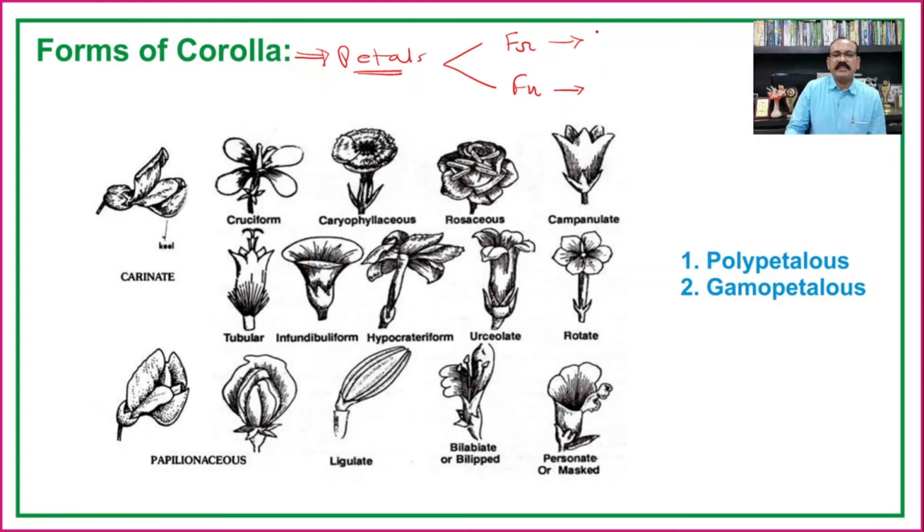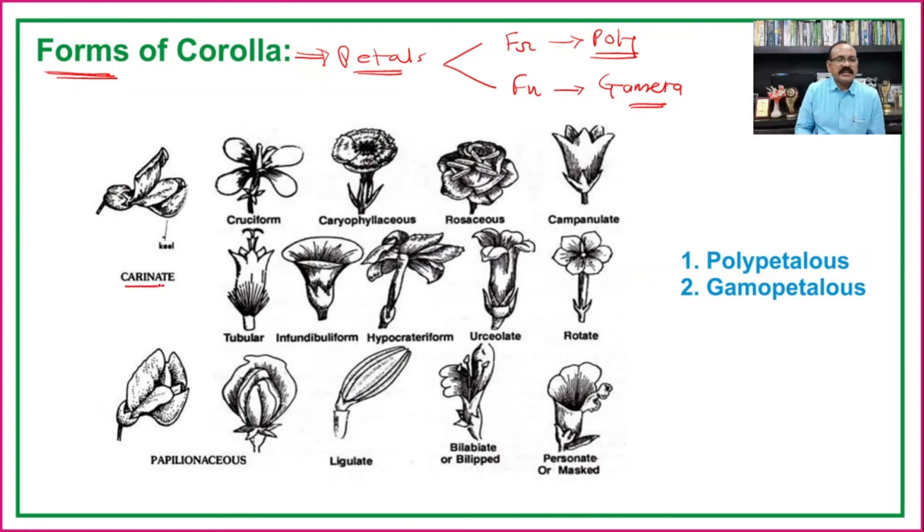If there are free petals, then it is known as polypetalous condition, and if the petals are fused, then it is known as gamopetalous condition. After the fusion, again there is a formation of different types of shapes, and these shapes are known as forms of the corolla.